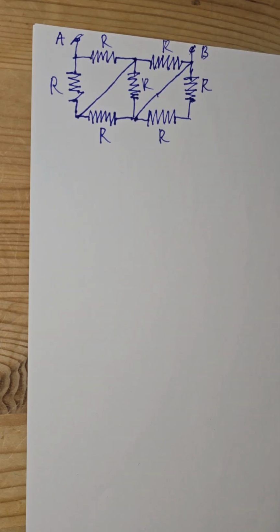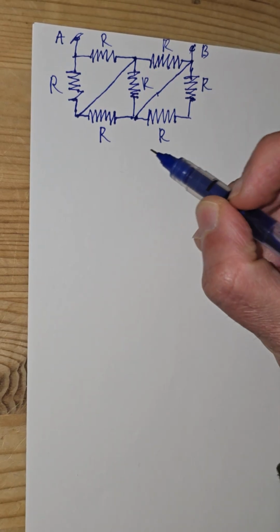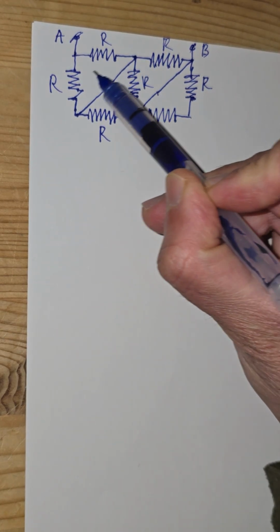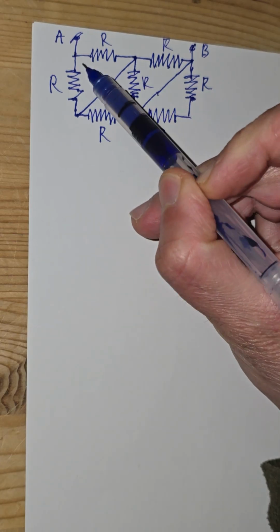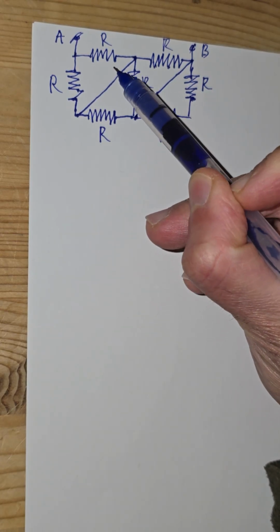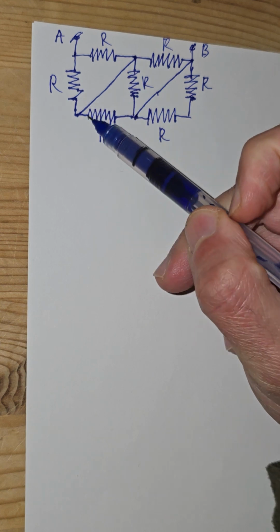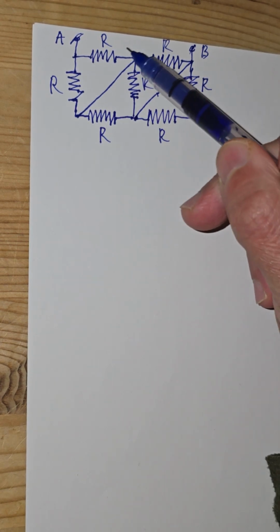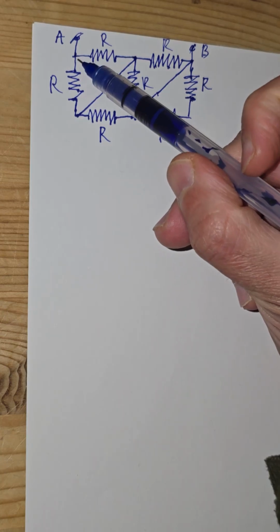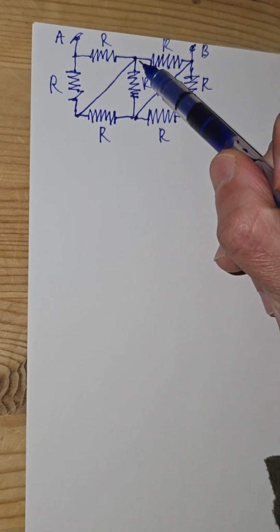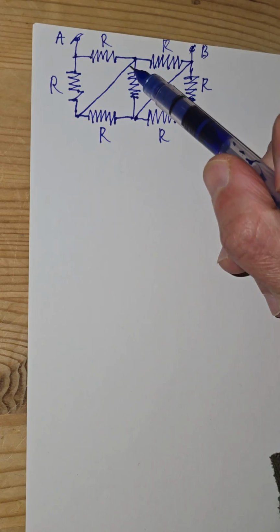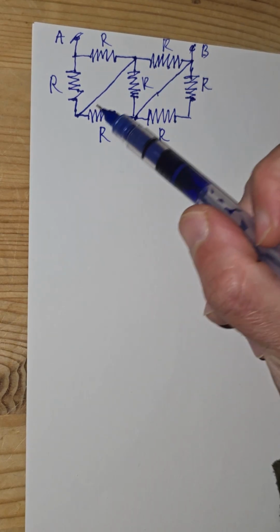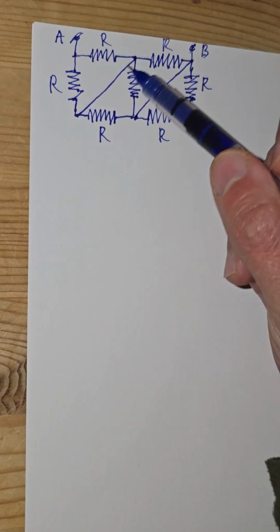So now let's consider first these two resistors. Here we have three nodes, 1, 2, 3 nodes, and a wire, a connector between two nodes.